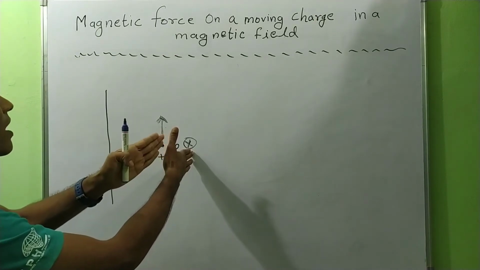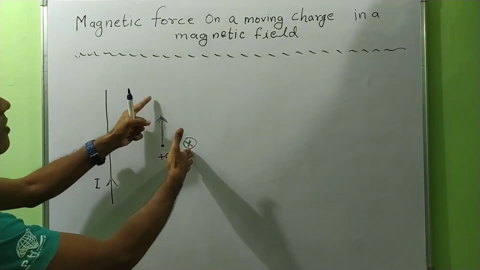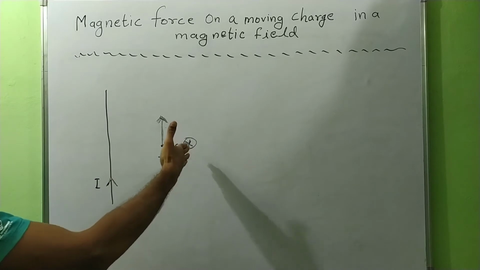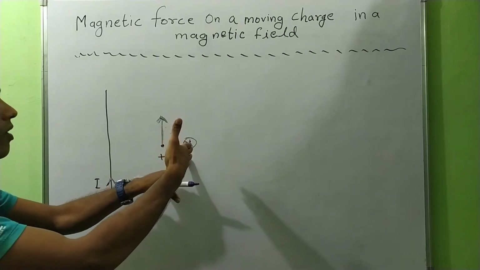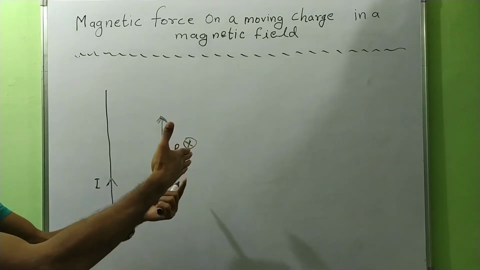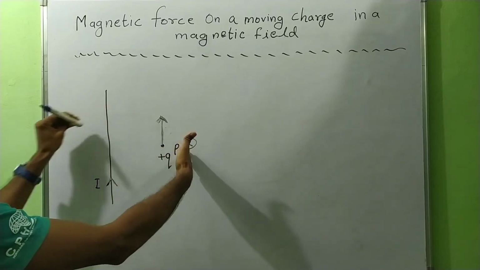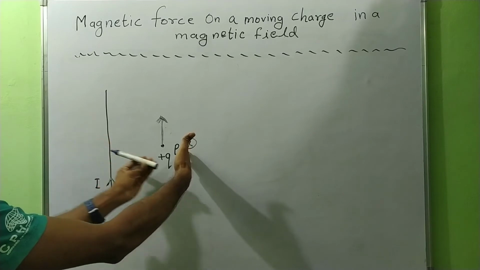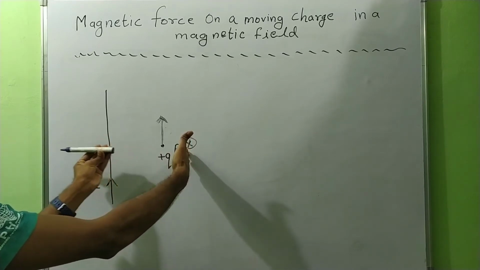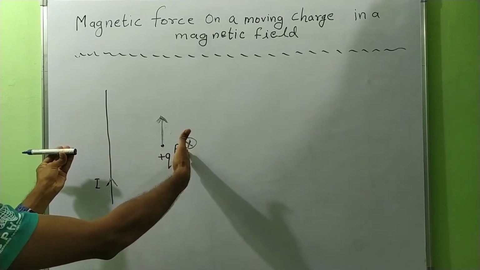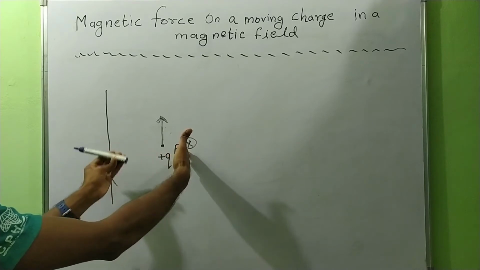Coincide the thumb along the direction of motion of the charged particle and the fingers along the direction of magnetic field. So the force on the moving charge particle in this magnetic field will be along this direction, perpendicular to the palm.